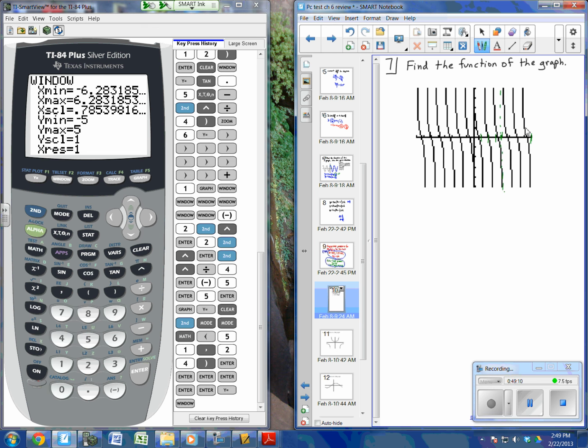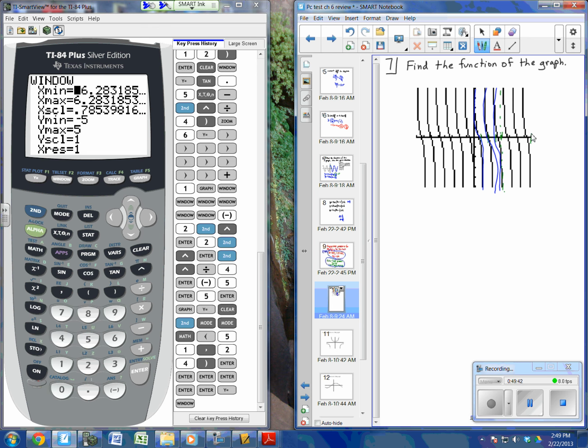And if you can see, if I use a different color, there's 1 cycle, 2 cycles, 3 cycles that take place between 0 and pi. And 0 to pi is the regular period for a tangent function.